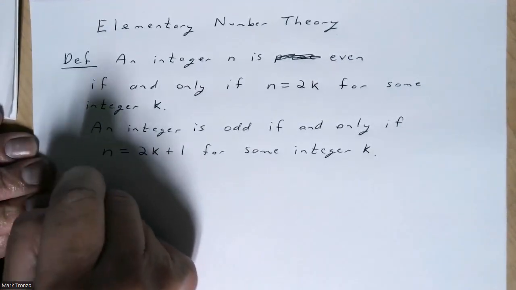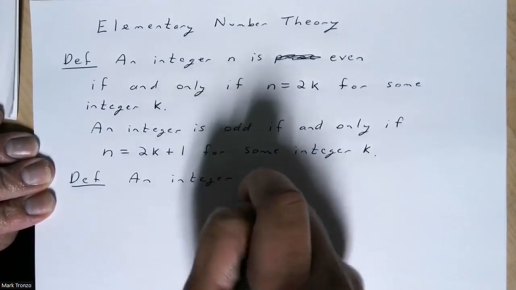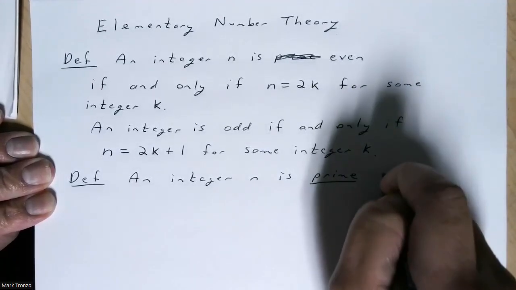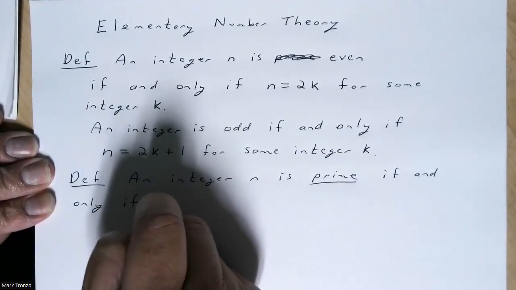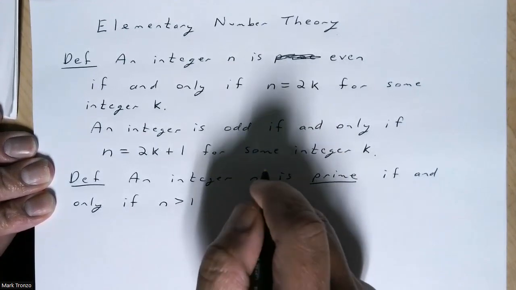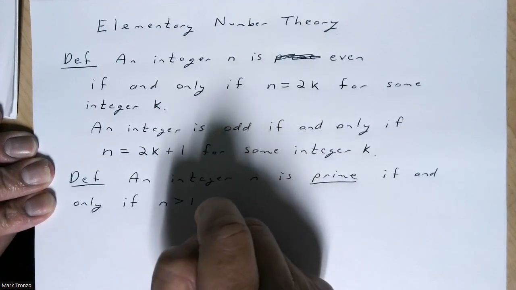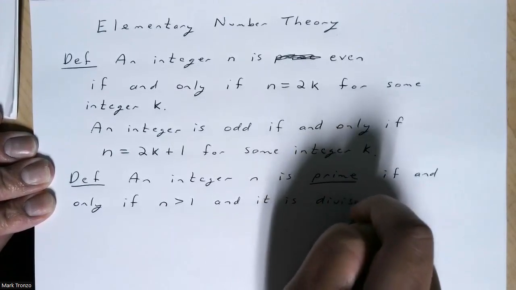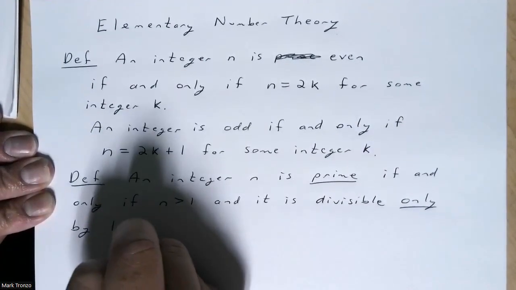And another definition, an integer n is prime if and only if n is greater than 1 and it is divisible only by 1 and itself.